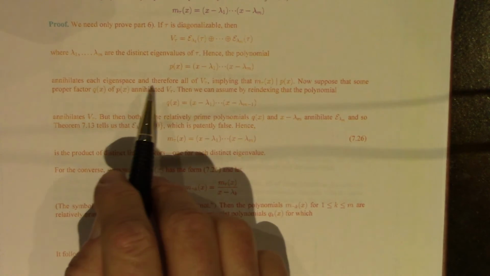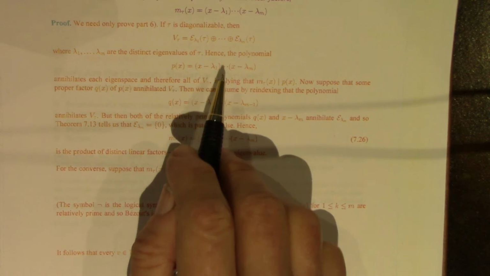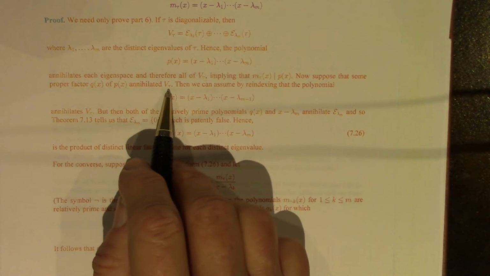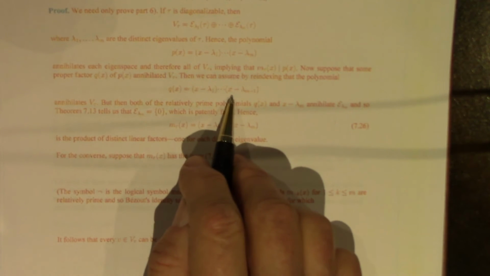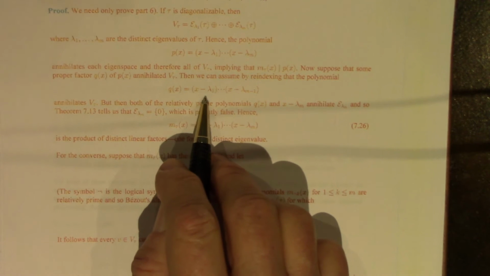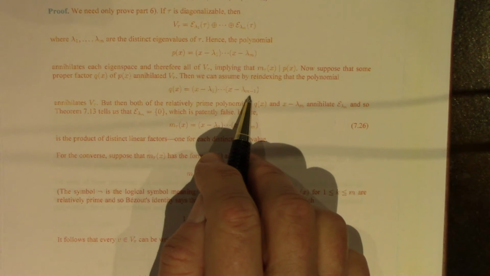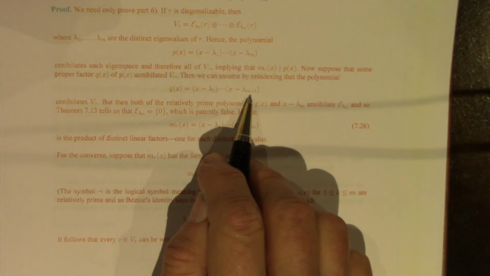Well, if a proper factor of p(x) annihilated V_tau, we can assume by reindexing that it's just the quantity x minus lambda 1 multiplied through the quantity x minus lambda m minus 1, so from lambda 1 to lambda m minus 1, that this annihilates the operator module.